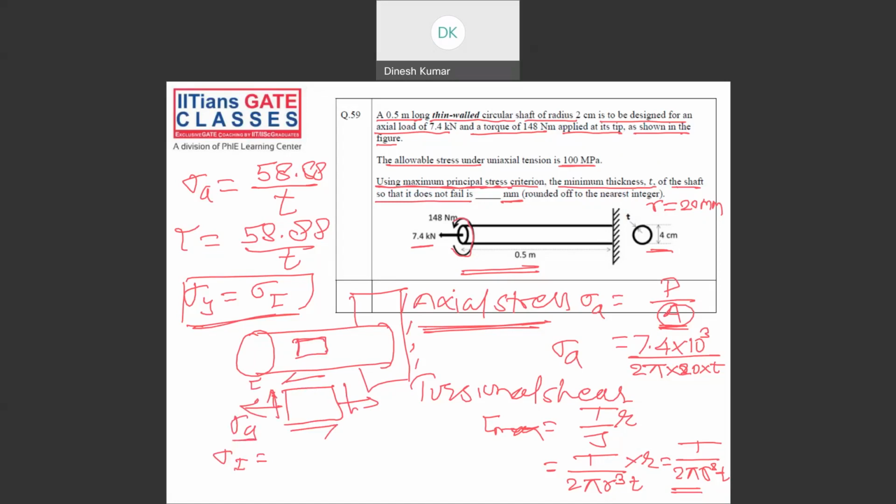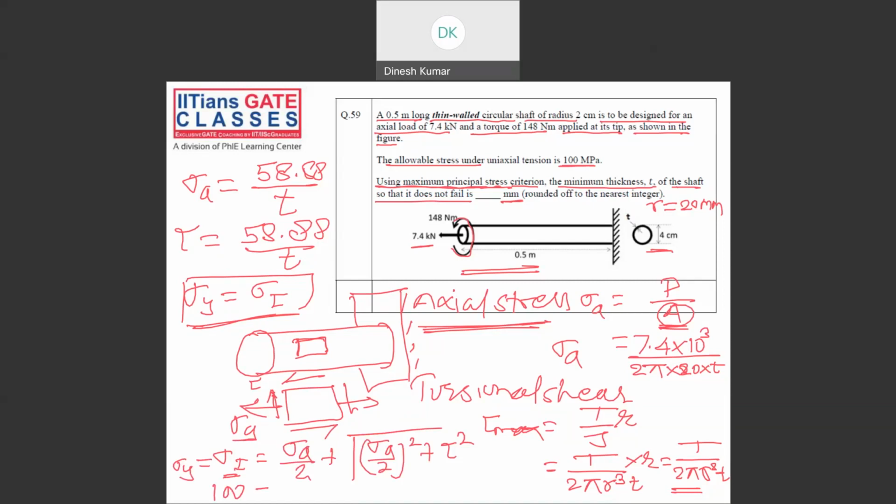So your sigma 1 will be equal to what? Sigma A by 2 plus under root of sigma A by 2 whole square plus tau square. Now we know sigma 1 is equal to sigma y, and what is sigma y? It is 100.